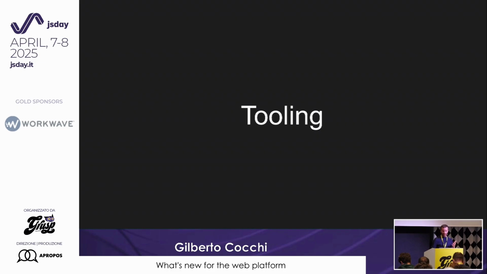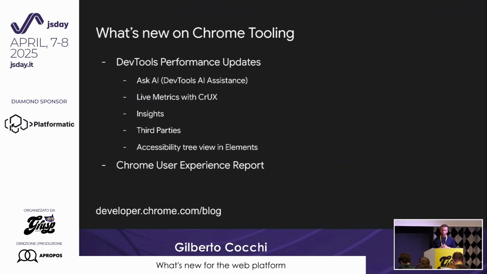And baseline is an aspect of what we call developer tooling in Chrome. But there are many, many more updates to share. Actually, some have already been covered by Fabio and Giorgio, so I may go quick on them and go slow on others so I can do a deeper dive. For example, I think Giorgio mentioned before that we announced the Ask AI feature in Chrome DevTools, which is also called DevTools AI Assistance.